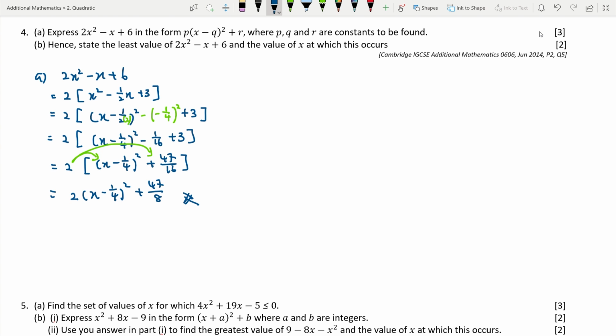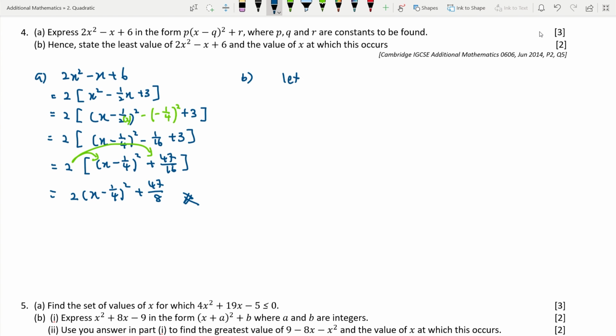B. Hence, state the least value of 2x squared minus x plus 6 and the value of x at which this occurs. We are asked to state the least value of this expression and also the value of x when it occurs.